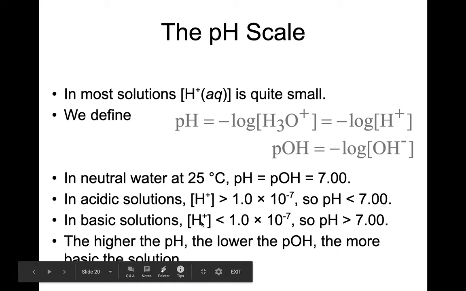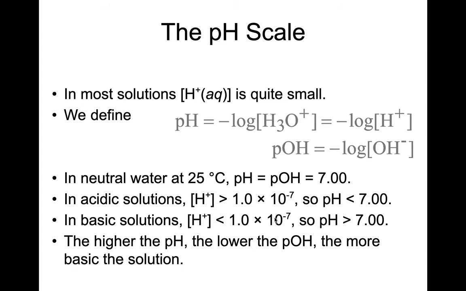Similarly, for a basic solution, if the concentration is less than 1 times 10 to the negative 7th, maybe it's 1 times 10 to the negative 8th or 9th, the pH will be greater than 7. It will be 8 or 9. So the higher the pH is, the lower the pOH is, and the more basic the solution.